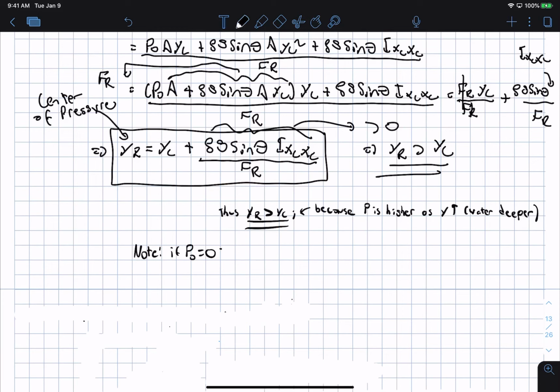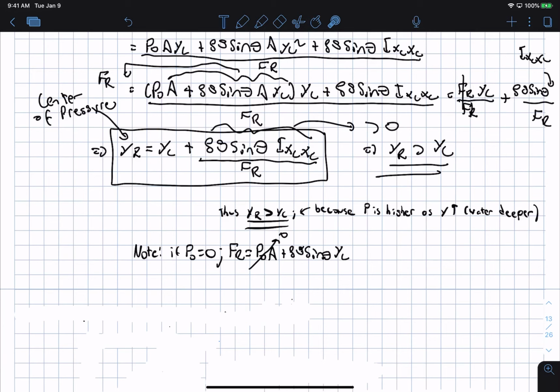If the atmospheric pressure is 0, that means you are working in gauge pressure and not absolute pressure, then the resultant force is equal to P naught times the area plus rho g sine theta yc, and that means that this term is 0. Then that basically means FR is just rho g sine theta. So we have rho g sine theta here divided by another rho g sine theta there.